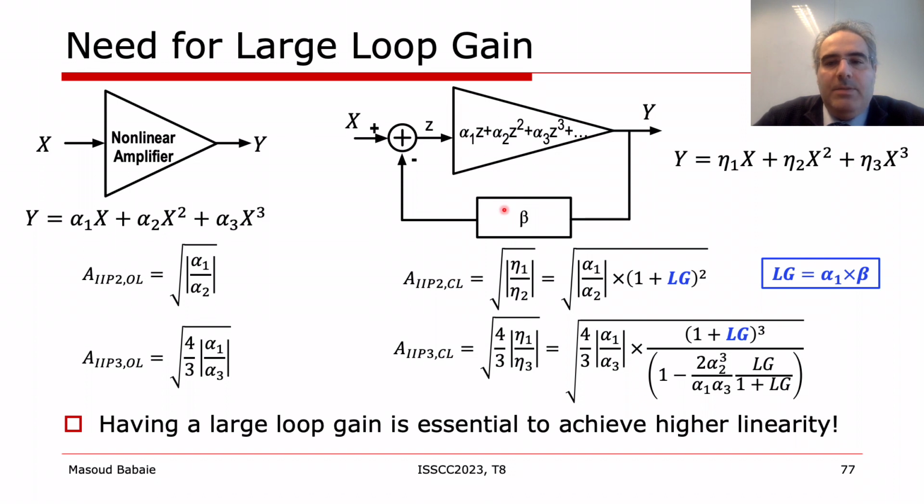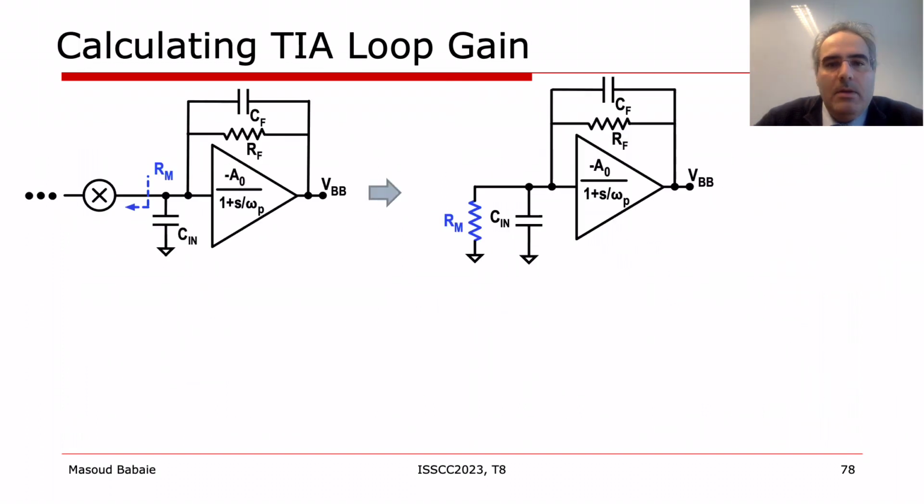After lengthy algebra, we can show that the amplitudes of the second order and third order input intercept points in the closed loop system are proportionally improved by the loop gain. The loop gain is the product of the amplifier gain and the feedback factor. Consequently, having a large loop gain is essential to achieve high in-band linearity.